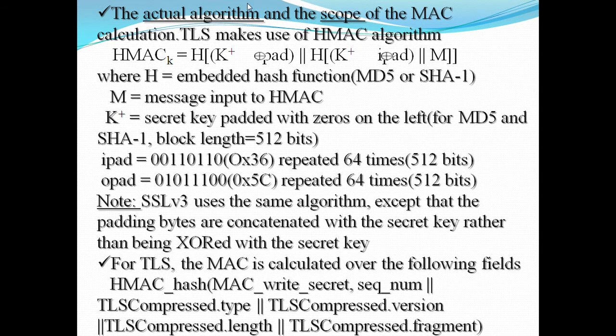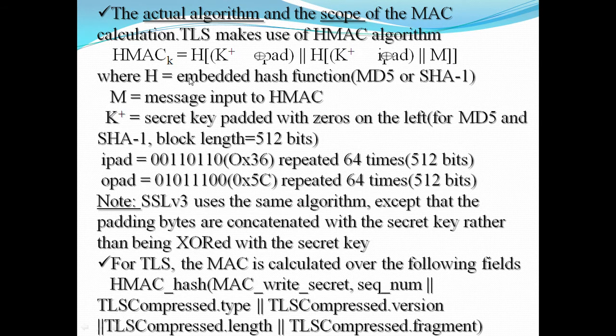Next, concatenated with the message, then hashed, and again K plus exclusive or with opad, concatenated. This is HMAC, that is the code. The HMAC code means the hash code or message digest computed using this method.